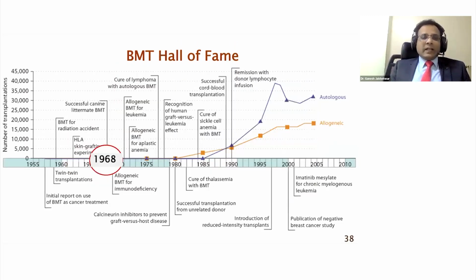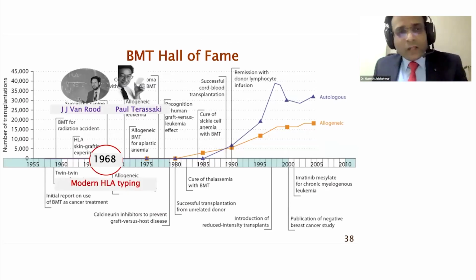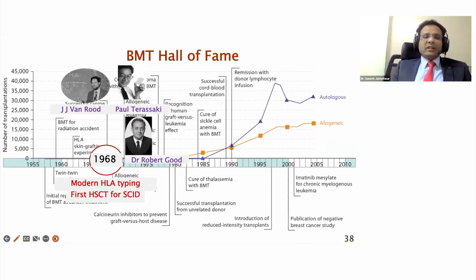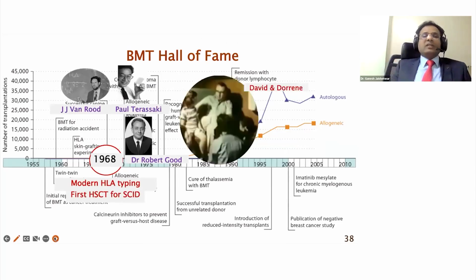Subsequently, in 1968, Jon van Rood and Paul Terasaki described the modern HLA typing, and in the same year at Memorial Sloan Kettering Cancer Center, Dr. Robert Good, the famous immunologist, did the first HLA-matched sibling donor transplant for a 2-year-old boy, David, who was suffering with SCID, and all the 11 male children on his maternal side had succumbed to such immunodeficiency.